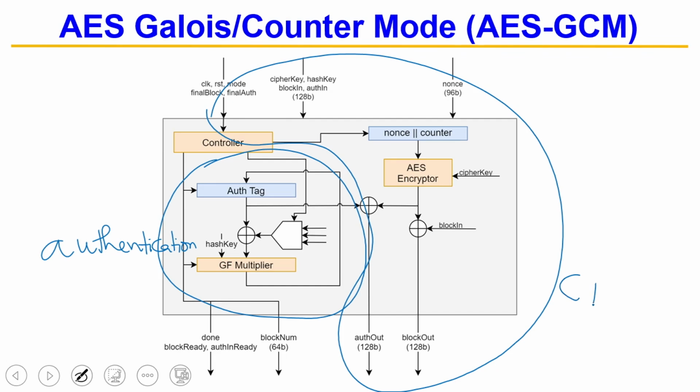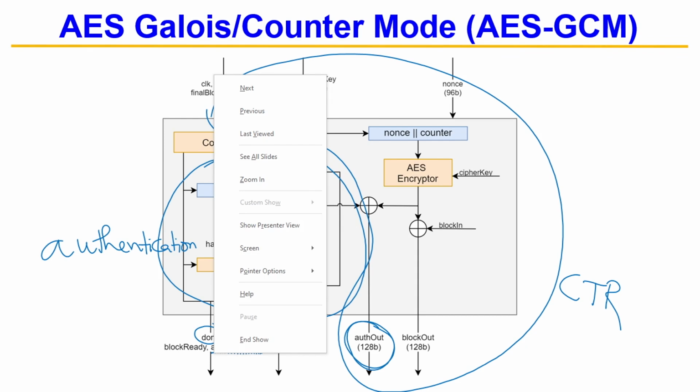It is exactly the same counter mode, no changes. But in addition to the ciphertext, it is creating an authentication output. It should still have the same things, the start, maybe I forgot to write, it should still have start, done, and authentication ready and all that stuff.